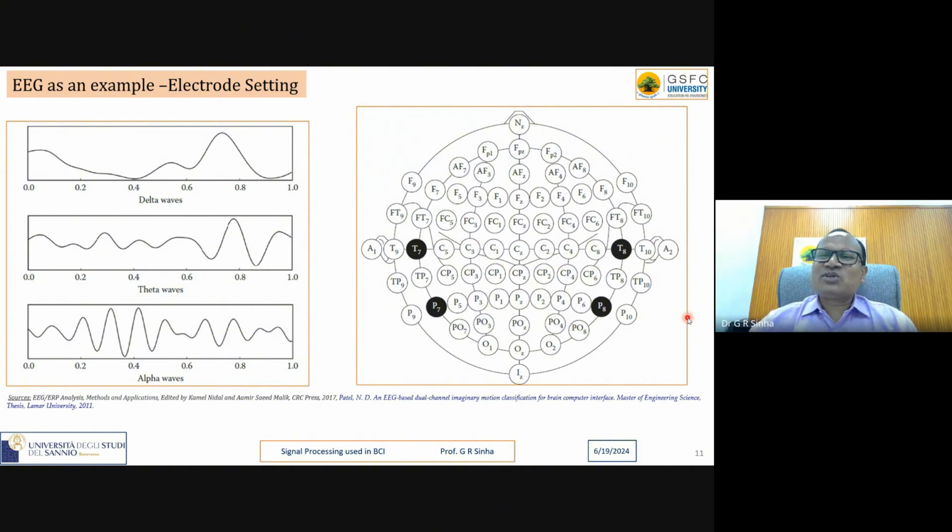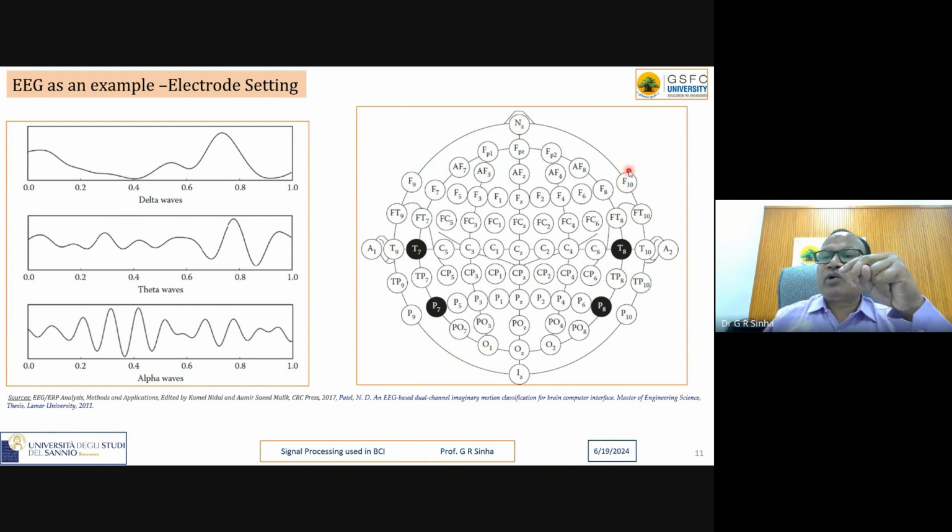Very smart answer. Of course, N also indicates the nose, the nasal side, and these two are ears, and the symbol of ears is also written. So generally, A1 and A2 are electrodes connected to the ears as the reference potential. Yesterday I was telling you about the reference potential, because when you want to measure the potential of F10, for example, a channel consists of two wires.